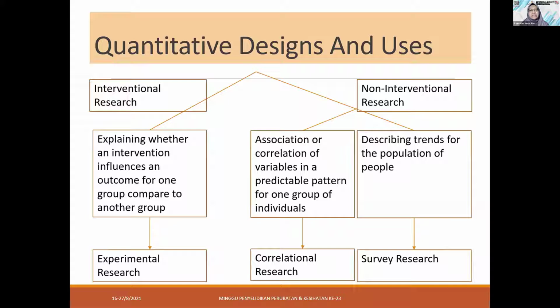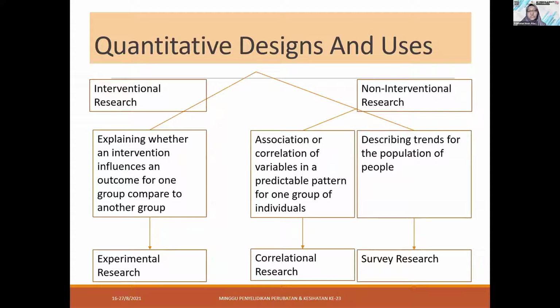So a quantitative design, and its use, can be divided into two: interventional research or non-interventional research. Under interventional research, we are explaining whether an intervention influences an outcome for one group compared to another group. This is an experimental study.